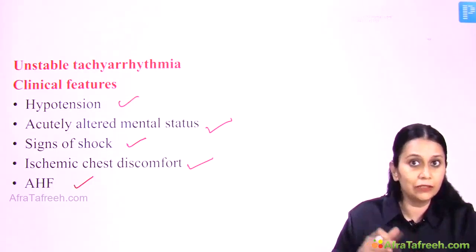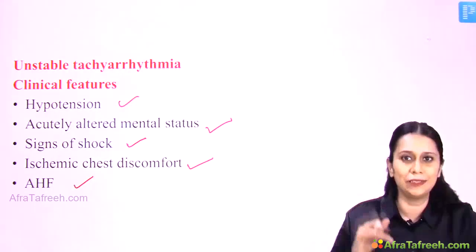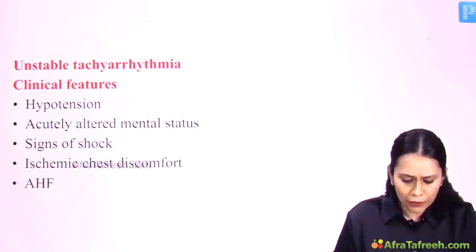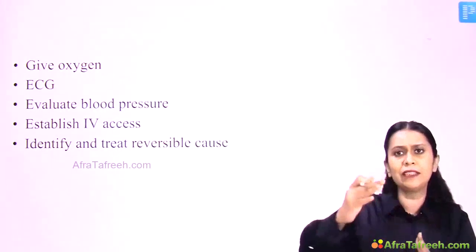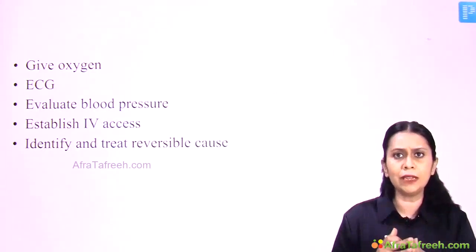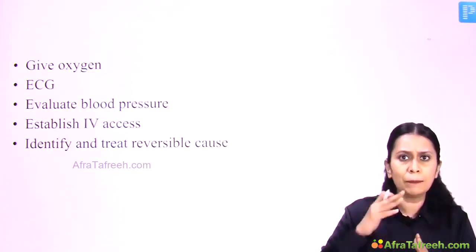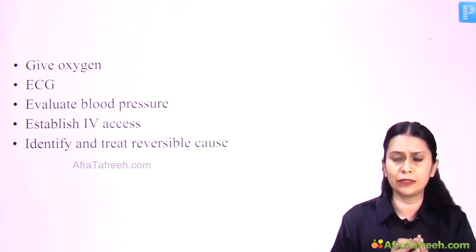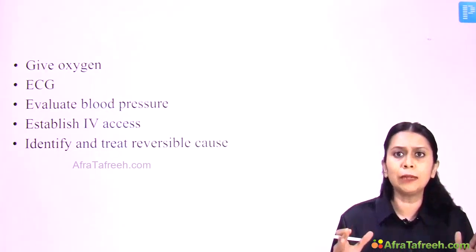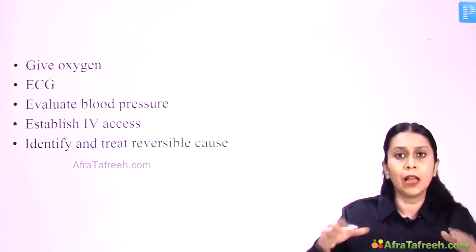And remember, these were the signs of unstable bradyarrhythmias also. Now, irrespective of the type, when I receive a patient with tachycardia or tachyarrhythmia having these symptoms, the management would be the same.